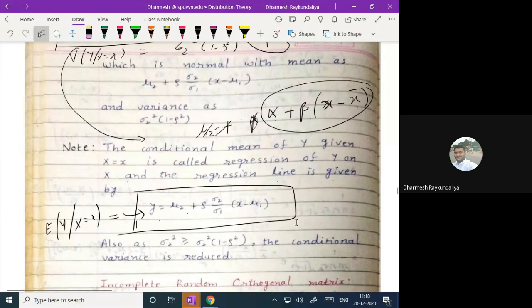Is that clear? And here sigma 2 square is greater than or equal to sigma 2 square (1 minus rho square), because rho square lies between 0 and 1, so this quantity is always less than 1.